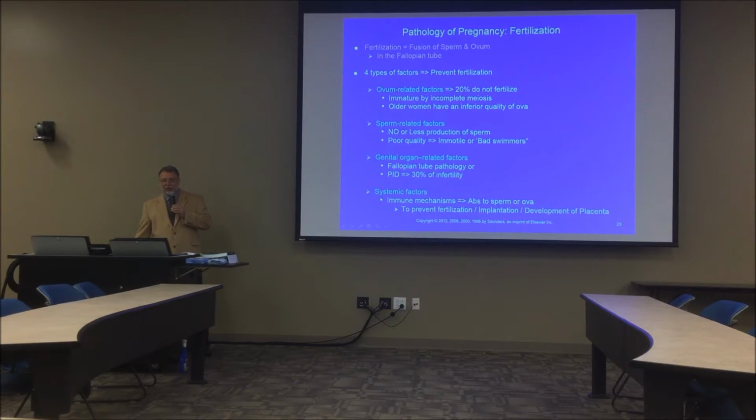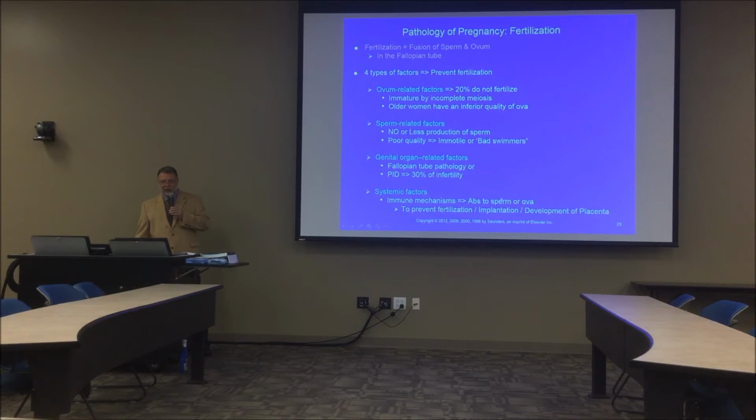So, the pathology of pregnancy and fertilization. There are four types of factors that will prevent fertilization: either from the egg or the sperm, genital organ related factors, or systemic factors. If we start with the systemic factors, they have to do with immune mechanisms.